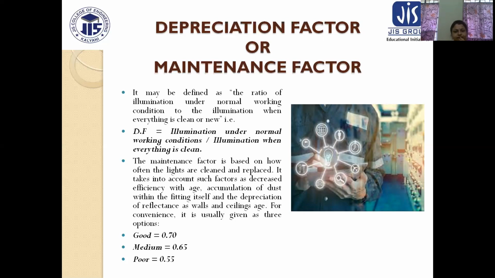For convenience, it is usually given as three options. Good depreciation factor equals 0.70, medium depreciation factor equals 0.65, poor depreciation factor equals 0.55. So as a whole, we can say that depreciation factor or maintenance factor is completely dependent on the maintenance of the light sources, right?